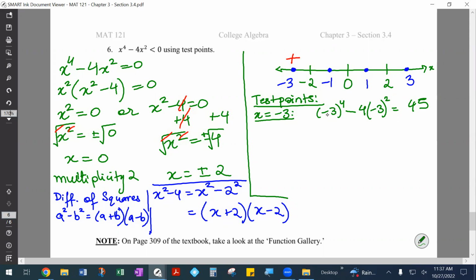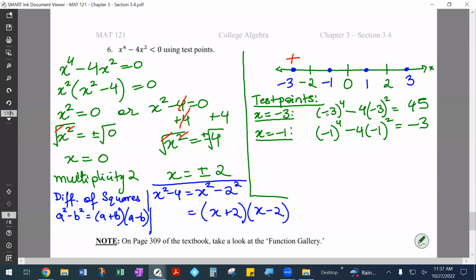Our next test point was x equals -1. So this would again be -1 to the 4th power minus 4 times -1 squared. What will that give us? Yeah, perfect, Bella, very nice.